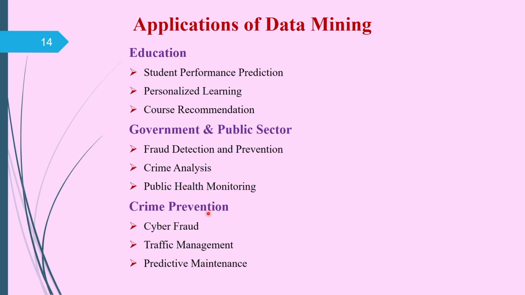And the next application area is crime prevention. A huge number of case studies on crime prevention have been analyzed and published in different journals. Crime prevention is an area in which data mining techniques are highly useful. Here, cyber security is the main thing, where cyber fraud will be identified, along with public monitoring systems and the movement of vehicles, and you are able to find what types of crimes are occurring, because every crime has a different type.